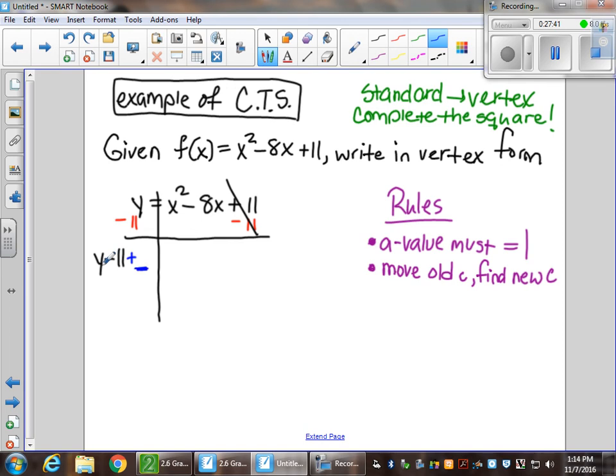So y minus 11 plus something I'm not sure about yet equals x squared minus 8x. And hey, look at that. I have a spot for what I need to find. Now, whatever we end up adding on this right side, remember, our equation has to stay balanced, which is why I made this spot right here. So whatever we end up adding as our new C value also has to be added to the left side.